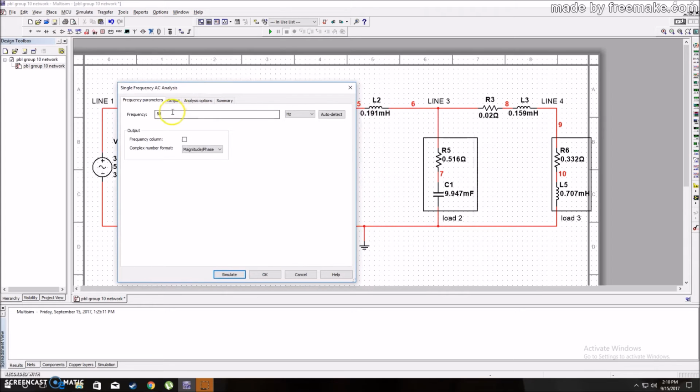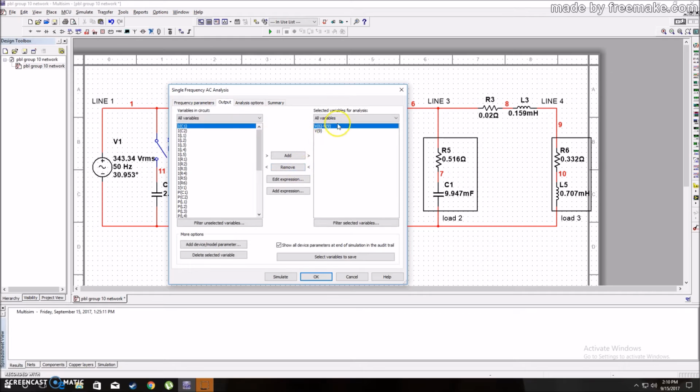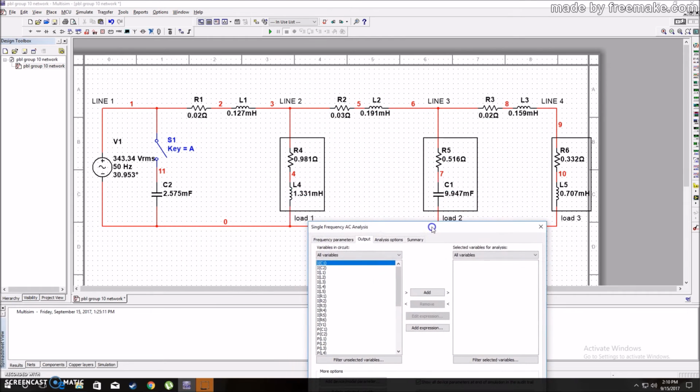So the frequency is still the same, and the complex number format is still in magnitude and phase. So we're going to remove all the variables, and we're going to select the variables for the current.